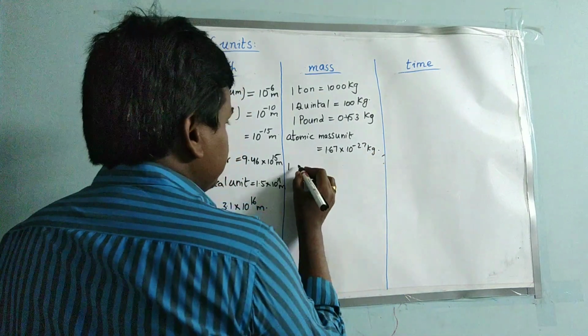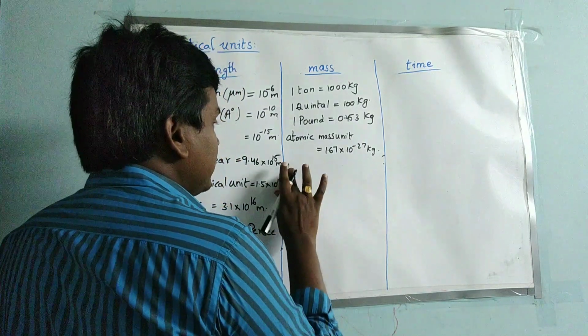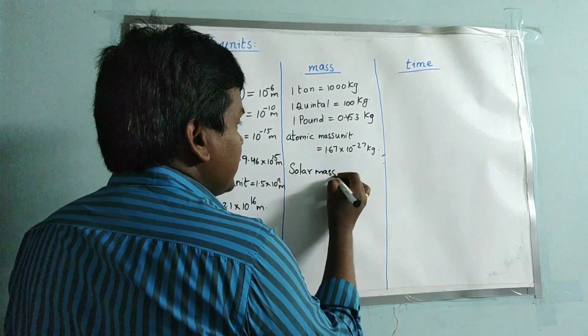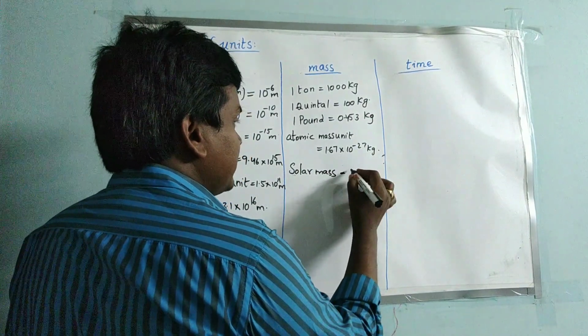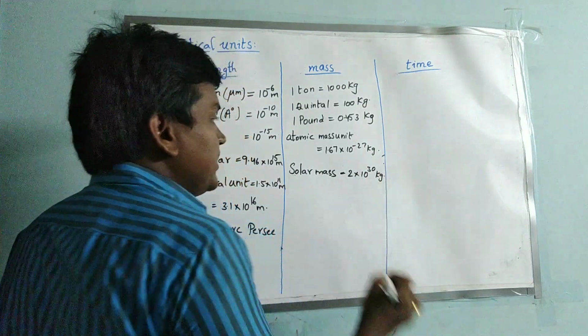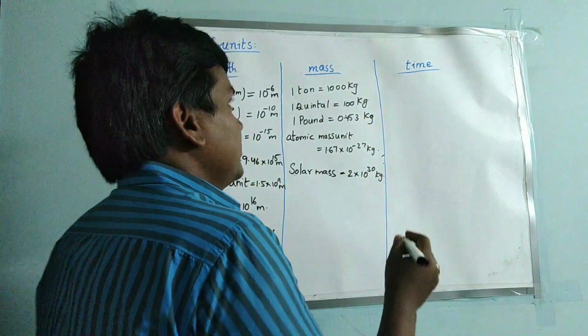And one solar mass, or the mass of the sun, is 2 into 10 to the power of 30 kg. This is known as solar mass, and the mass of the sun is considered as the solar mass.